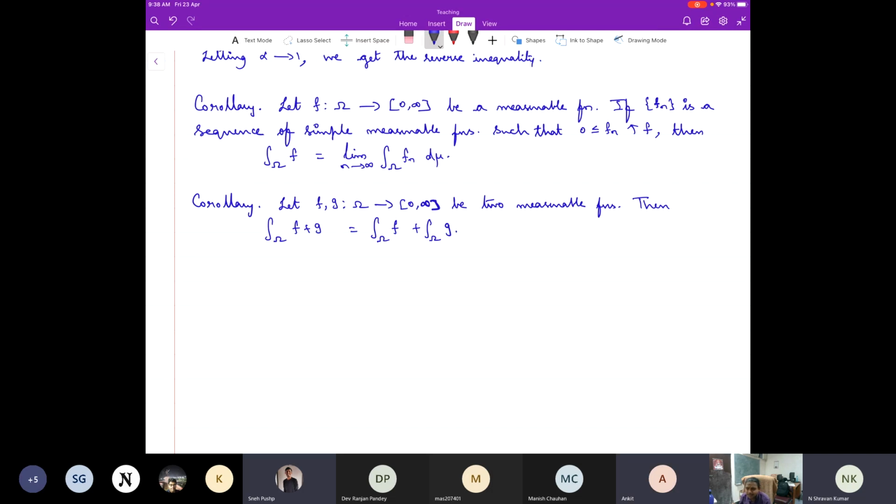Which sum are you talking about? Sir, the integral of fn plus gn, we have to take the limit. Oh, fn and gn are simple. Okay. Because we know that there exists a sequence of simple functions fn which converges to f, and similarly a sequence of simple functions gn which converges to g. That's what we are using. Got it.